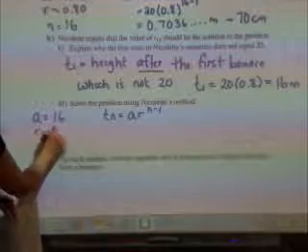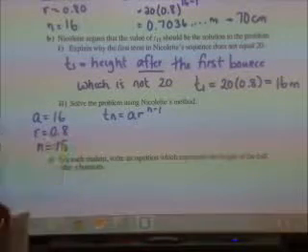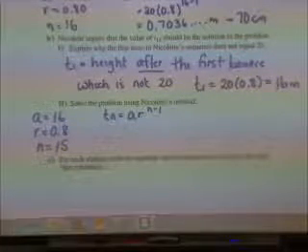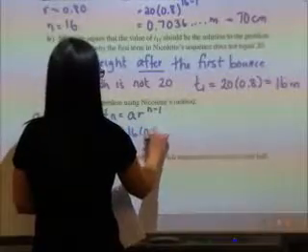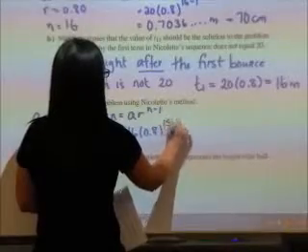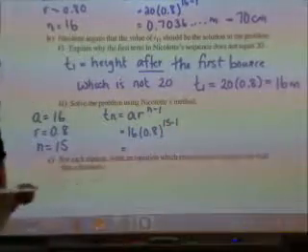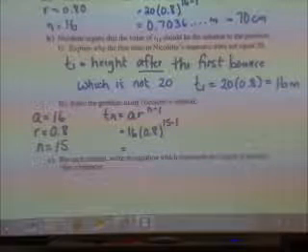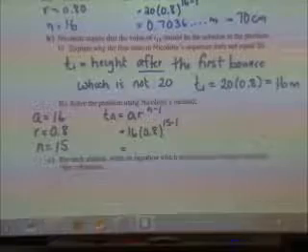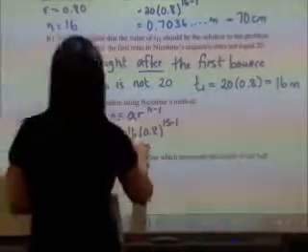Her r is still going to be the 0.8. But in this case, her n will be 15. The 15th bounce. So I get 16 times 0.8 to the power of 15 minus 1. And what do I get? Oh, I get the same answer.